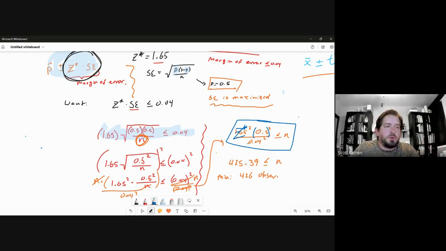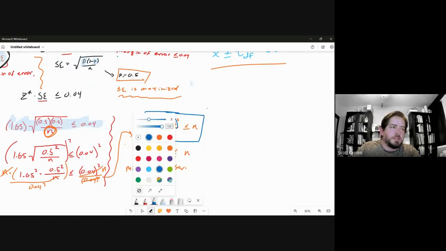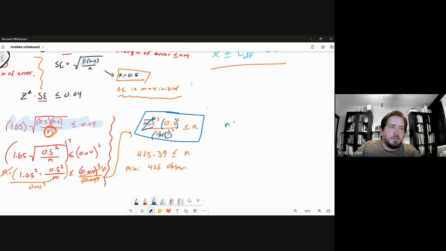The 0.04 is the margin of error there as well. And so in Z-land, that same little trick becomes N is greater than or equal to my Z-star squared times 0.5 squared all over my margin of error squared.